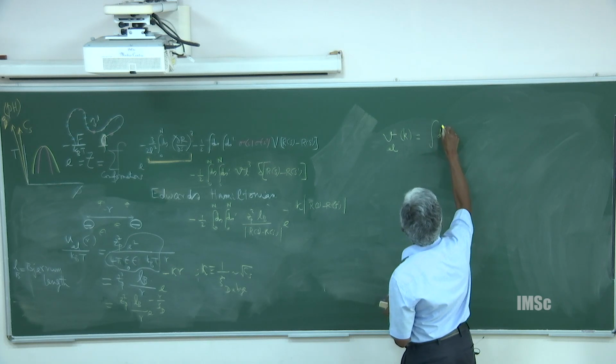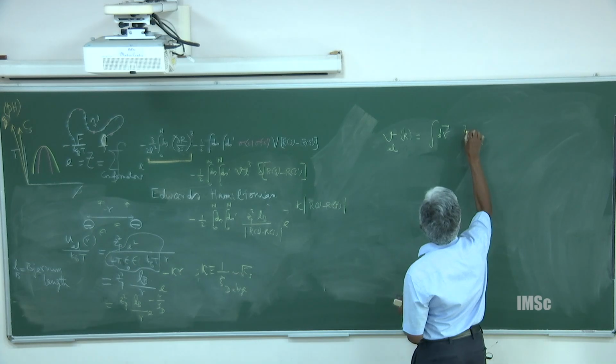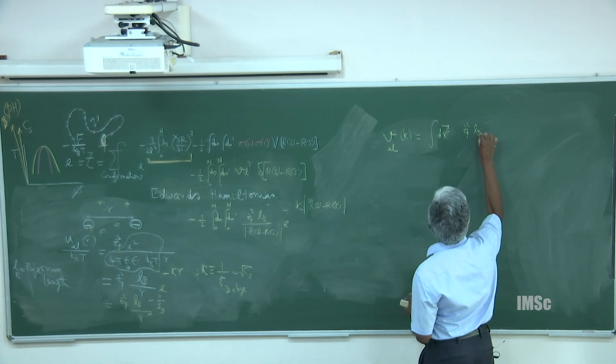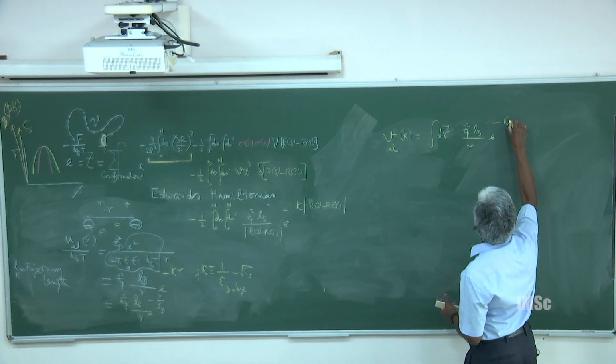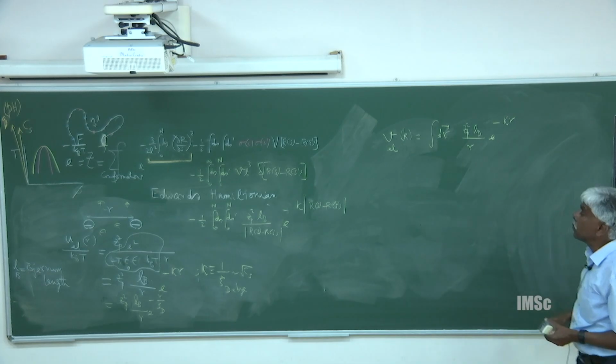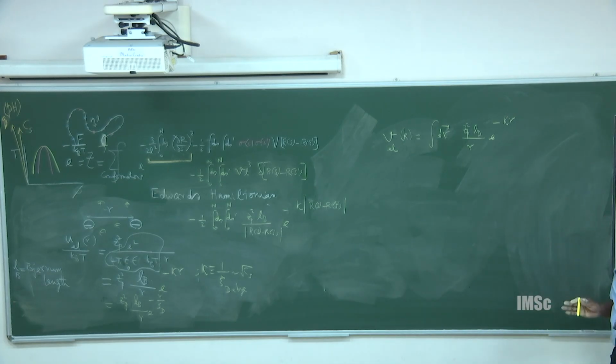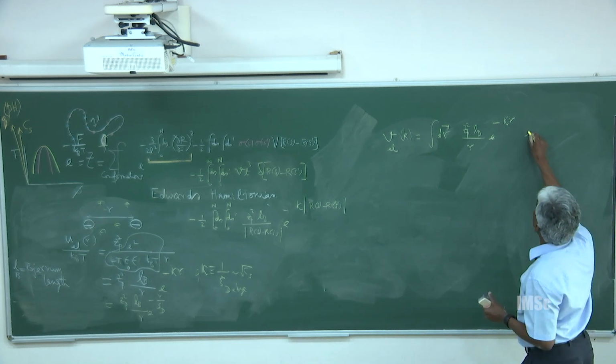That is equal to the 3-dimensional integral dr of Zp square Lb over r e to the minus kappa r, times e to the ik dot r.